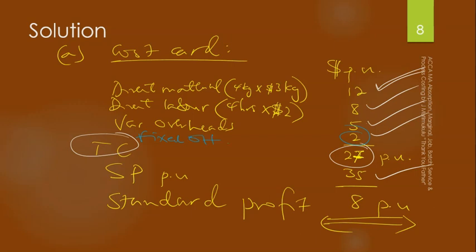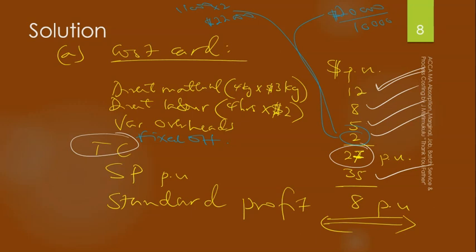The $2 was from $20,000 divided by 10,000 units, but when we produced 11,000, it means our fixed overhead became 22,000.